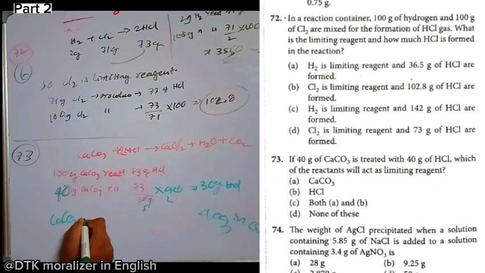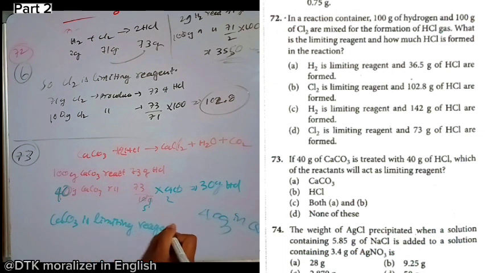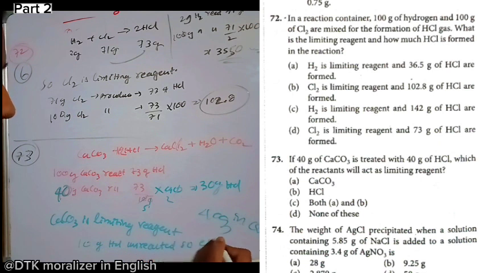So 40 grams of calcium carbonate uses more. So calcium carbonate is the limiting reagent. So here 10 grams of HCl is unreacted, which is the excess.